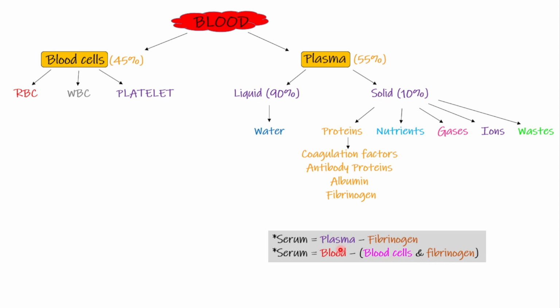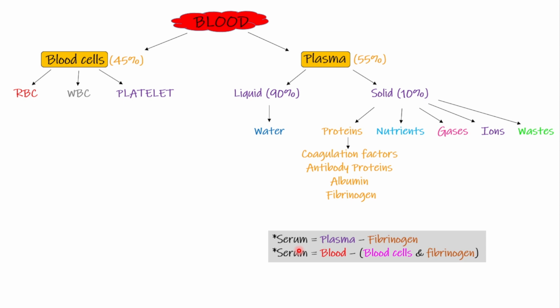Plasma is blood other than the blood cells. So if we redefine serum, it is blood other than blood cells and fibrinogen. If we remove blood cells and fibrinogen from the blood, what is left behind is known as serum. Or if we remove fibrinogen from plasma, what is left behind is serum.